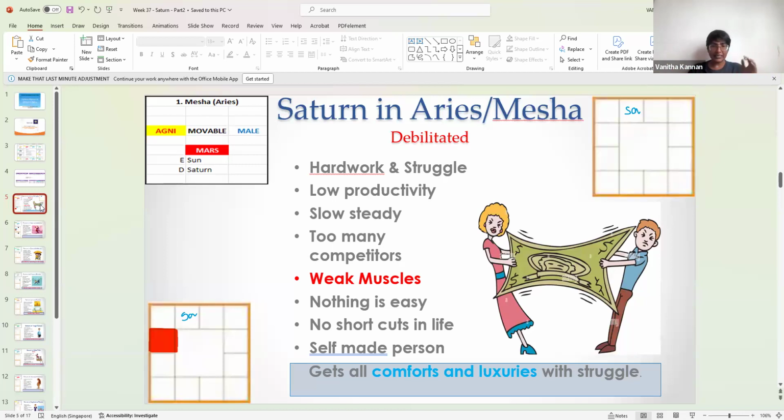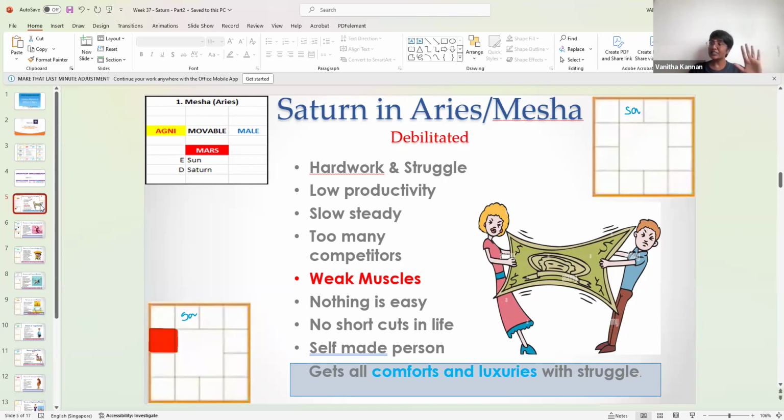What will happen? The productivity may not be there. Why? They think, okay, I will do it, but they won't do anything. Even though they try to put in hard work, struggle and find a way to do something, there won't be any productivity. Saturn's energy is slow and steady, but it gives you a good benefit out of it.